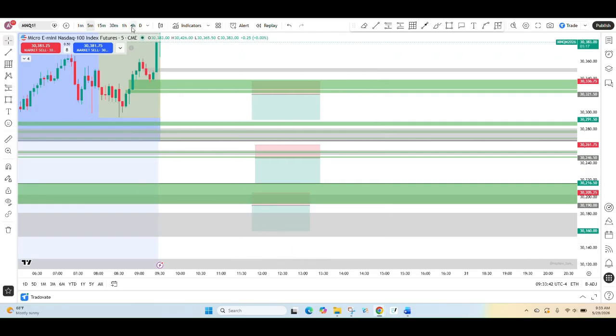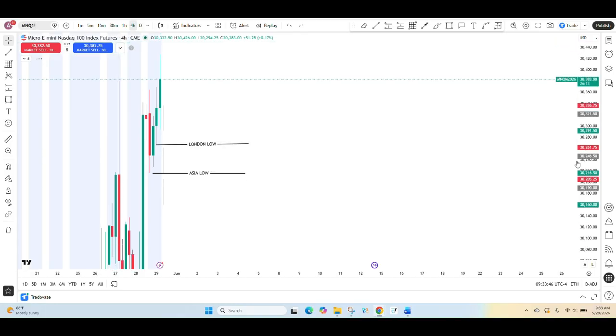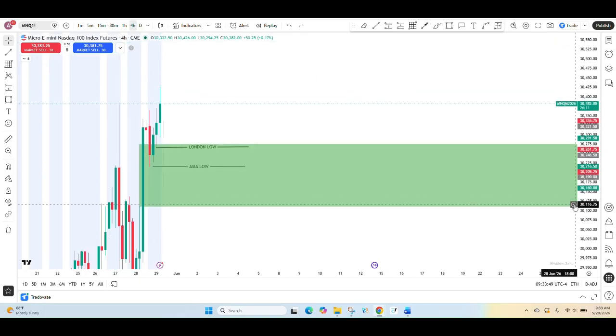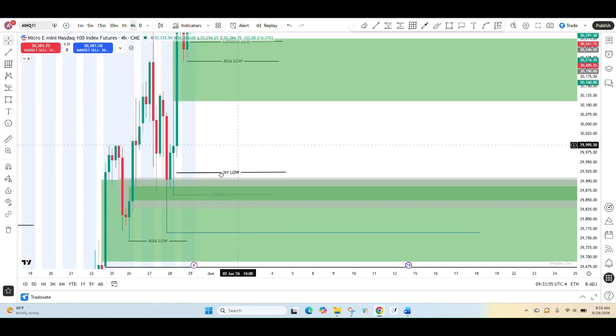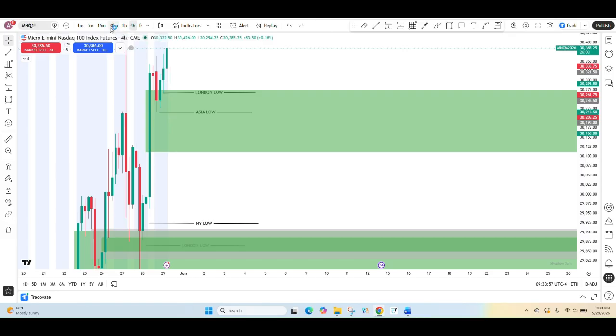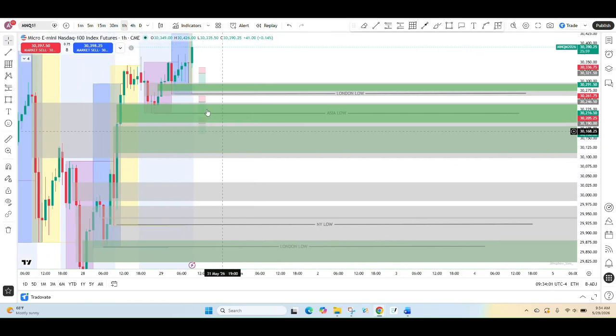And yeah, so going to the 4 hour, I'm gonna see if I see any fair value gaps. I see one here, but it's already marked out as an Asia low, and these are already marked out as well. So dropping down to the 1 hour. That's one marked already.